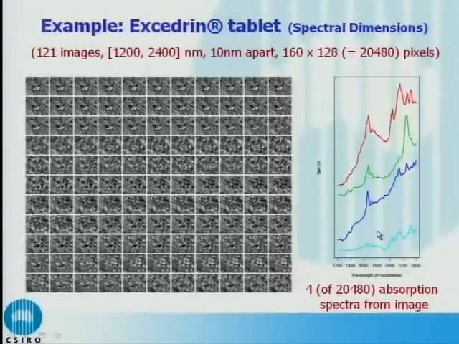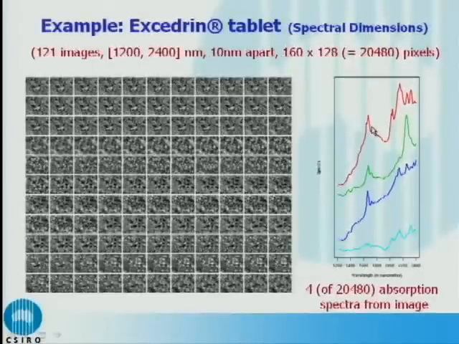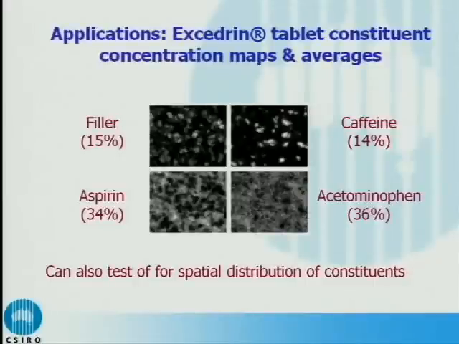These are some sample spectra. Because it's in the life sciences, the features point up because they're absorption spectra rather than reflectance spectra. With techniques I'm going to talk to you about later, but I won't have time to show you, we can take those 121 images and decompose them into maps. There are essentially four ingredients in there: caffeine, aspirin, acetaminophen, and filler.